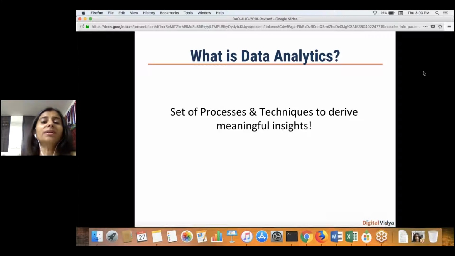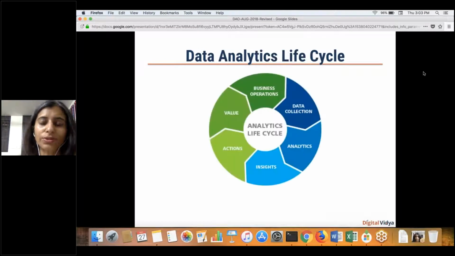The goal is to use the huge amount of data to enable businesses or social companies or governments or communities, anybody, to derive meaningful insights, which in turn help that business to do better, to be more efficient. So this is essentially what working with data is all about.